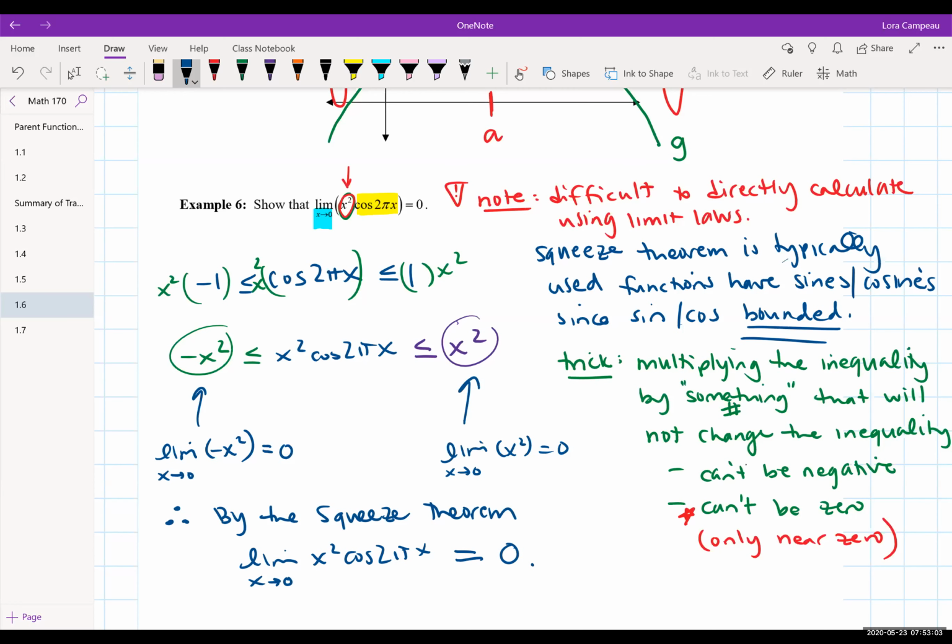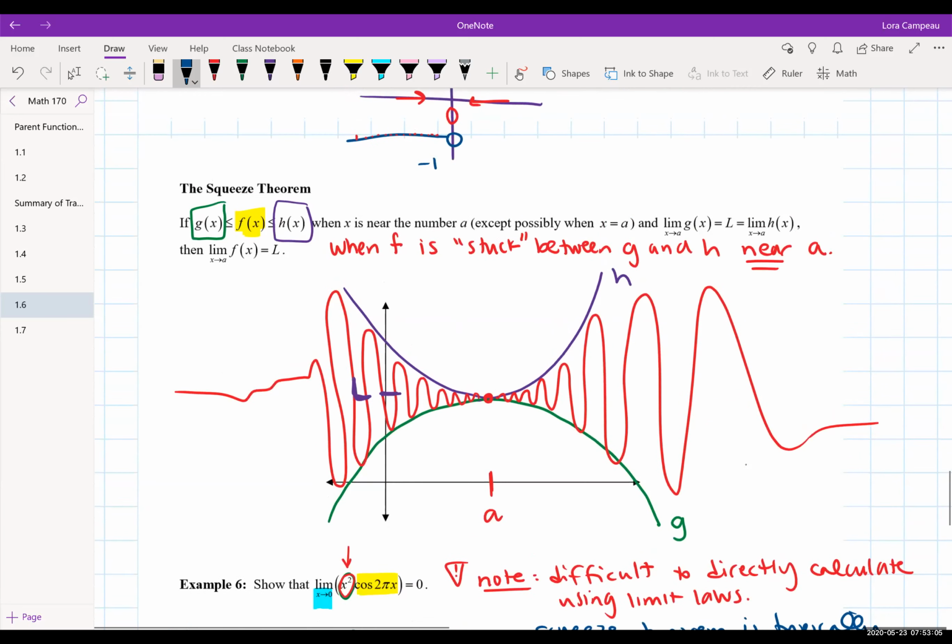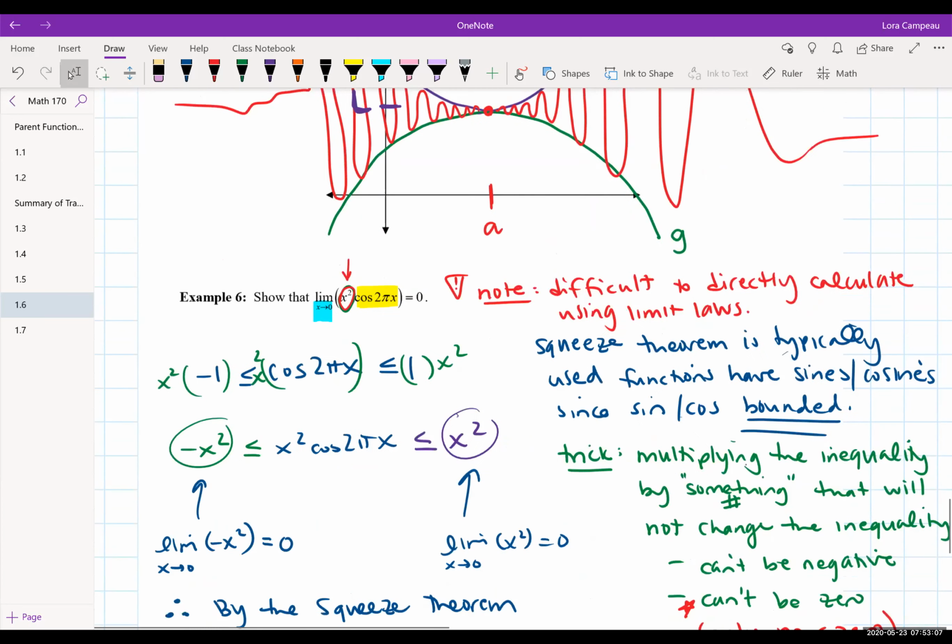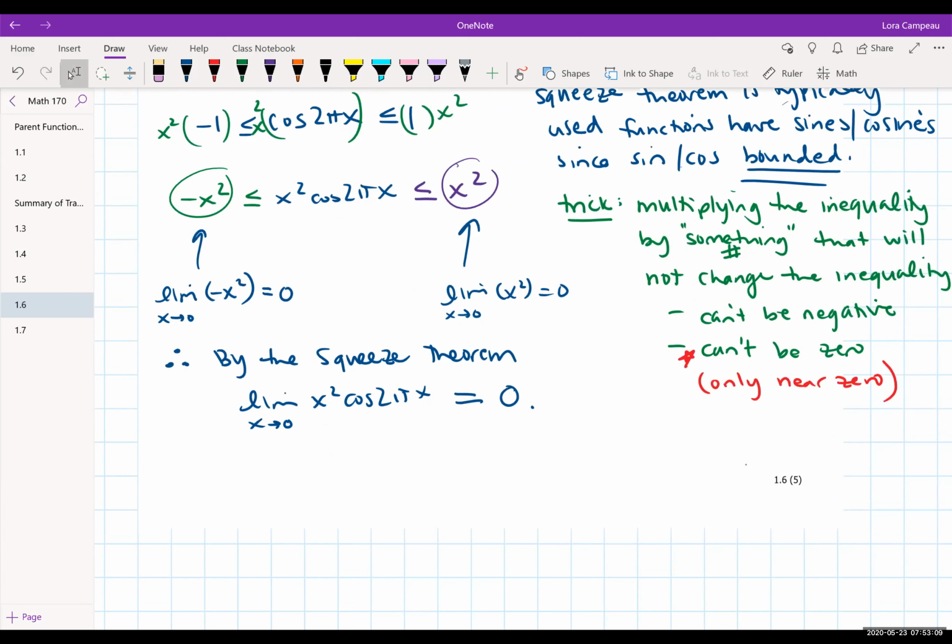So that's a beautiful theorem. It allows us to calculate limits without having to spend a lot of time with the computations. I can just demonstrate this with a TI before we leave, just so you see the pretty function. It always makes me happy when I graph these. So let's see.